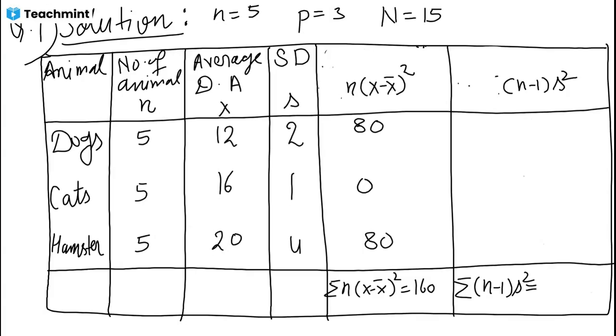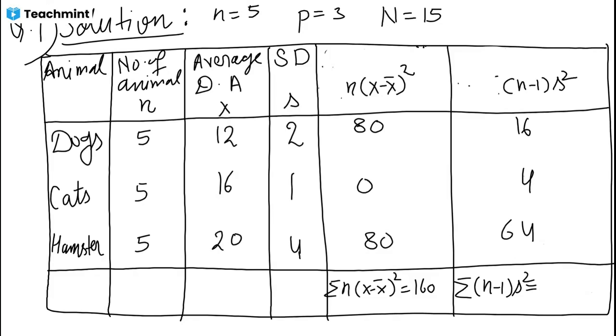So we have first standard deviation 2 and second 1 and third is 4. So n minus 1 is 4 into 4, because n minus 1 is 4 and s square is also 4. So this is 16. N minus 1 is 4 into s square, that is 1 only, 4. And square of this 4 into 4, that is 64. Are you getting me? Yes, ma'am.